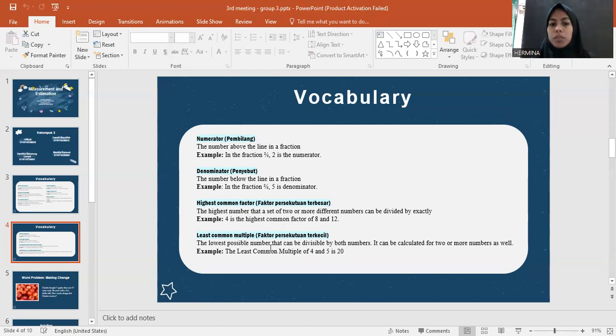Next, least common multiple, or we call it faktor persekutuan terkecil in Indonesian language. It is the lowest possible number that is divisible by both numbers. It can be calculated for two or more numbers as well. For example, the least common multiple of 5 and 4 is 20.